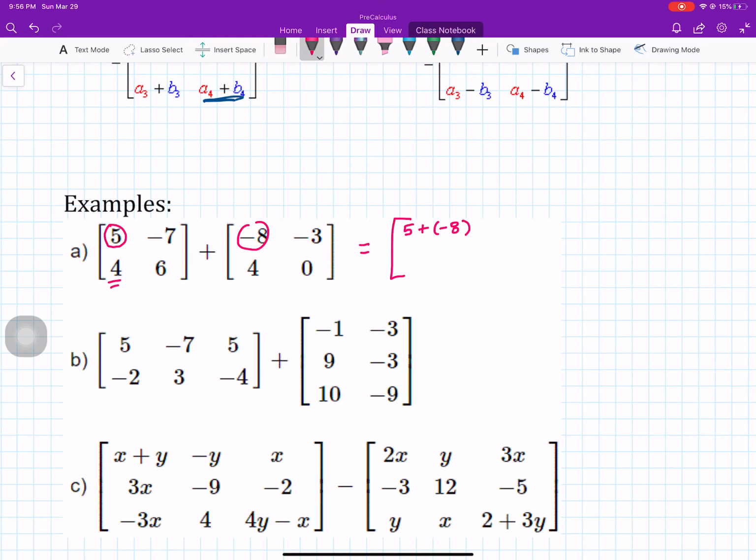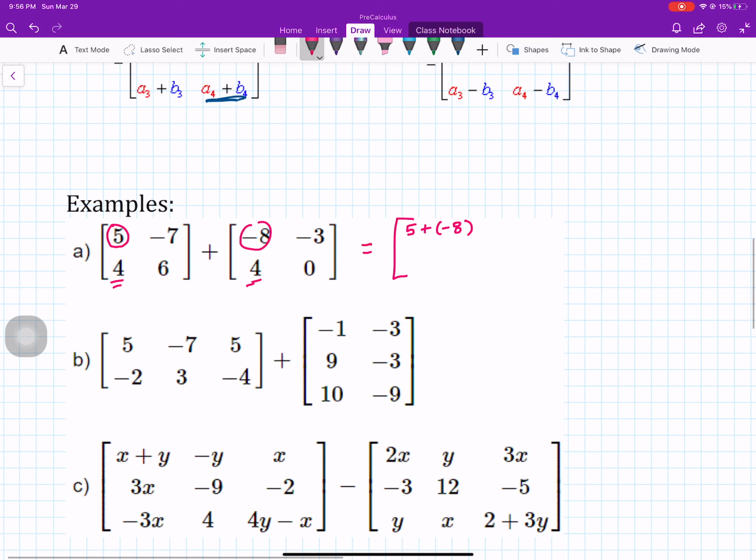And then in this one, I have 4 plus 4 for my position right here. And then I have negative 7 plus negative 3 for this position, and then 6 plus 0 for my final spot in row 2, column 2.